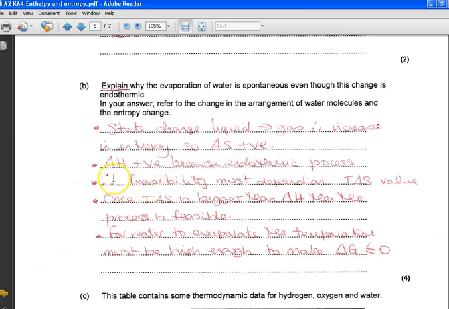You need to look at the feasibility of it, and it's definitely going to depend on T delta S here. Once the temperature is high enough, that term will be bigger than delta H, and the process will become feasible. So for water to evaporate, the temperature must be high enough to make delta G 0 or less than 0.